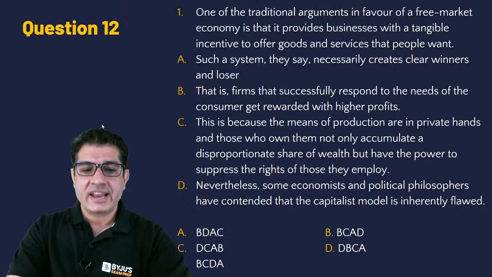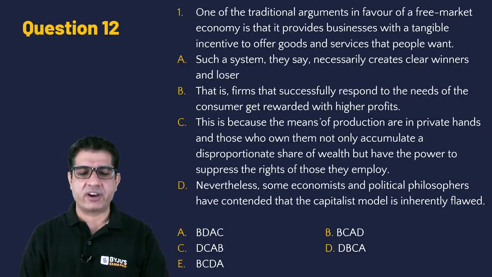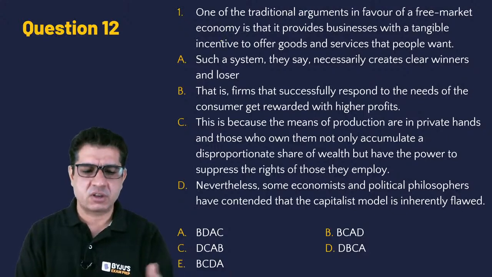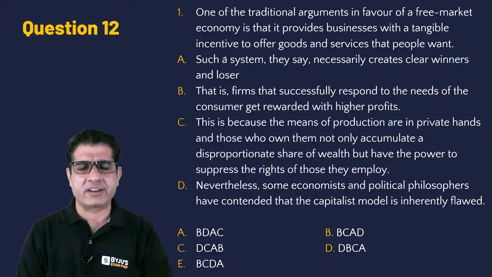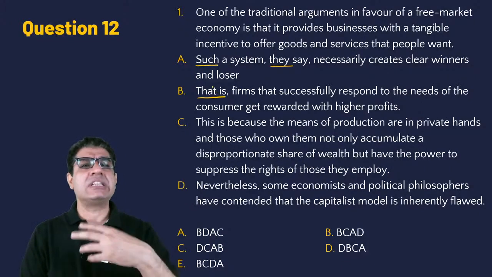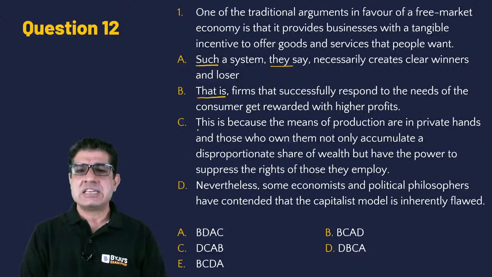Okay, so the correct answer here, let us discover it together. One of the traditional arguments in favor of a free market economy. Since a lot of us were struggling, let's look at it. You notice A, such a system, such is a clue. They say, they is a clue. B, that is used to reiterate, state something using a different set of words.